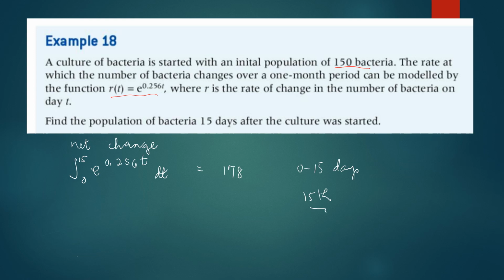No, 178 is the growth or the rate of change. We started with the initial 150. So we take the initial 150 plus the accumulated growth 178. So that means at the end there are how many? 328 bacteria.